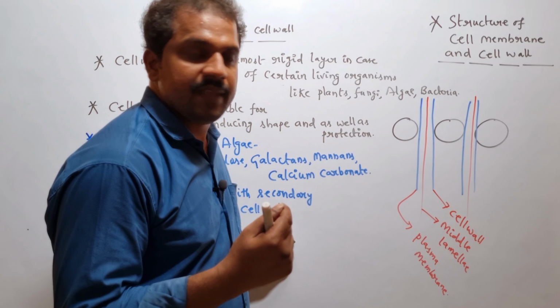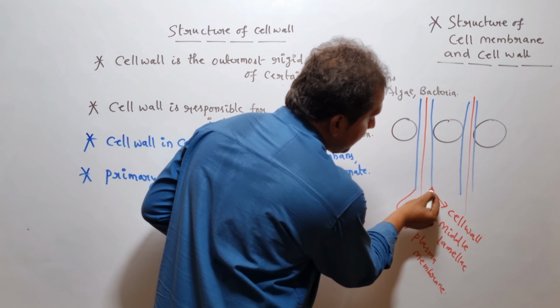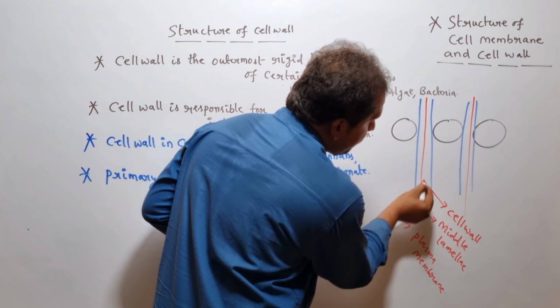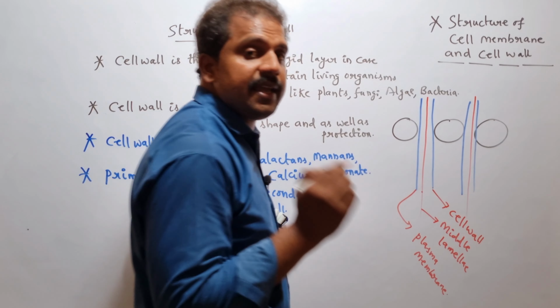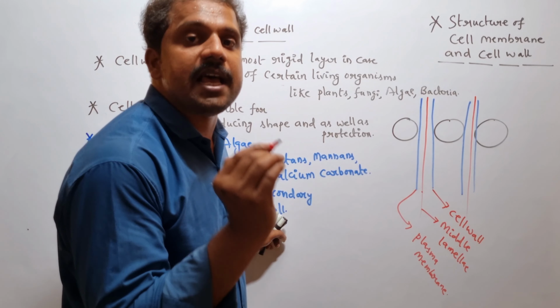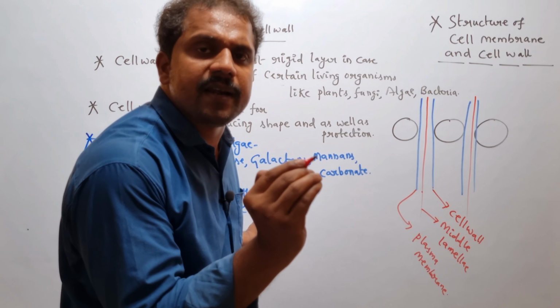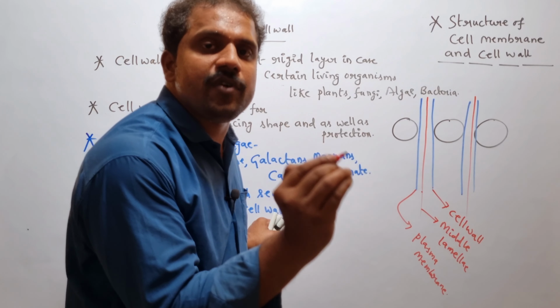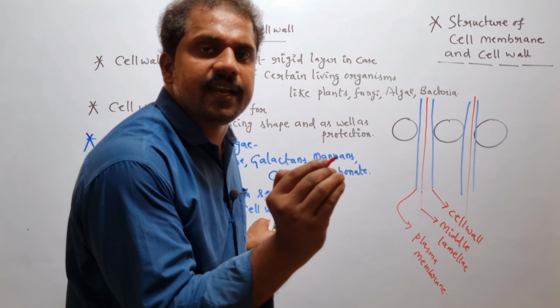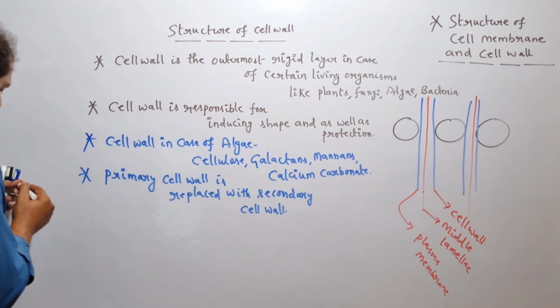In addition, the cell wall layer is capable of associating with the middle lamellae by taking the advantage of a specific interconnecting junction, which is nothing but what? Plasmodesmata. Because of the presence of plasmodesmata, the cell wall is capable of interconnecting with the middle lamella. Is it clear? So let me write it here.